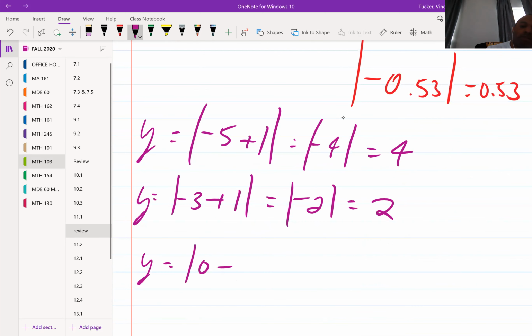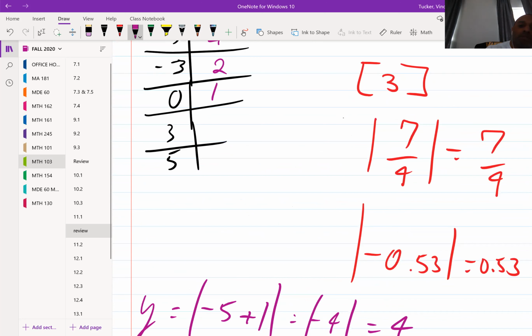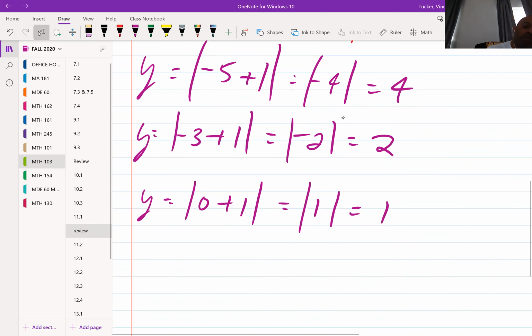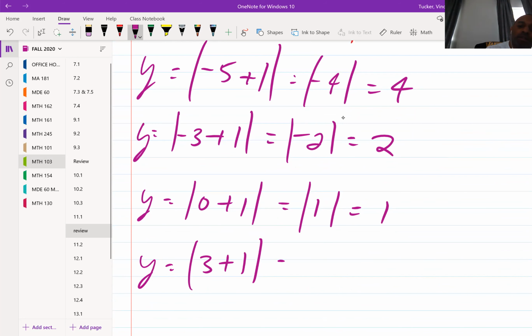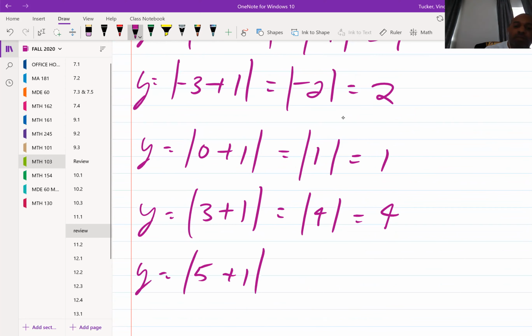Plugging in 0. Absolute value of 1 will be 1. Plugging in +3. Absolute value of 4 is 4. And then last one, absolute value of 5 plus 1 is going to be 6.